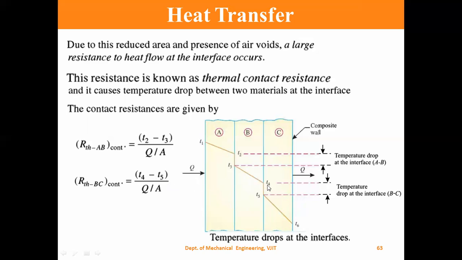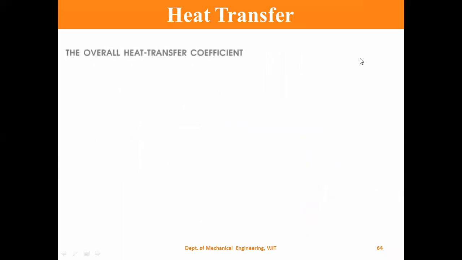This drop is not much, maybe sometimes 2 degrees, sometimes only 1 degree, but it is going to affect the rate of heat transfer calculations, which is due to the thermal contact resistance. So the thermal contact resistance between slabs B and C is obtained by the equation R_th,BC equals T4 minus T5 divided by Q by A, the temperature difference divided by the rate of heat transfer per unit area. So this is the thermal contact resistance.